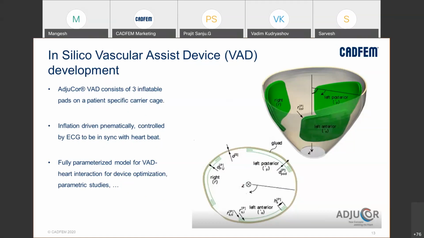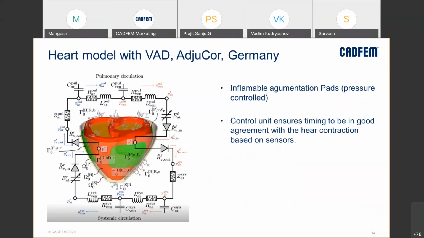So yes, let's say if we want to understand the performance of this device, we use our heart modeling strategy and place those components, or that device, near the heart. As you can see in this case, we are again modeling the network.